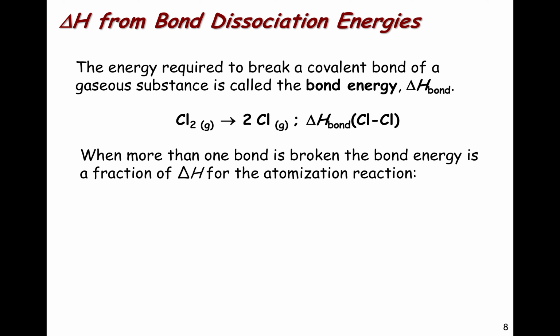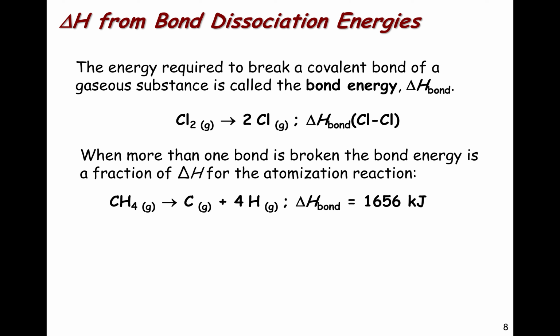When more than one of the bonds are broken, we have to take into account the fraction of the enthalpy that is used. For example, if we took methane and turned that into isolated carbon atoms and hydrogen atoms in the gas phase, we have broken 4 CH bonds.